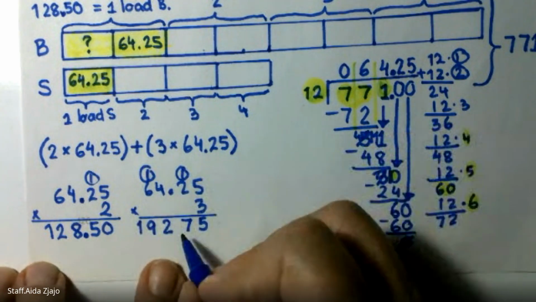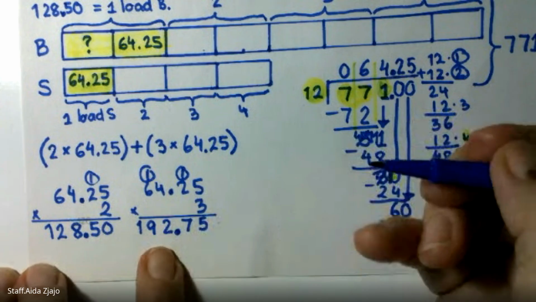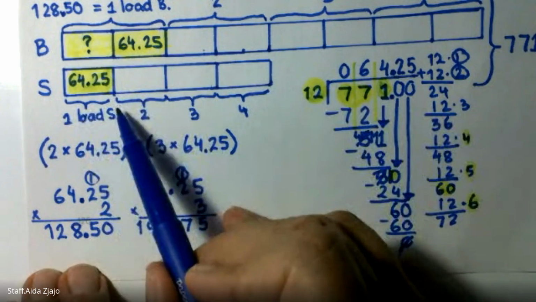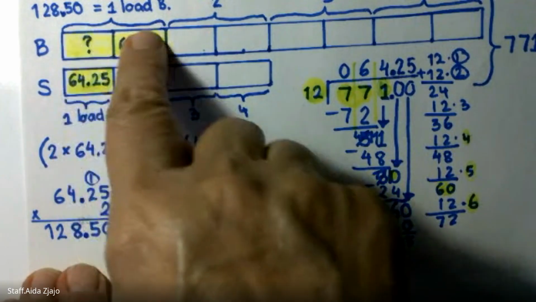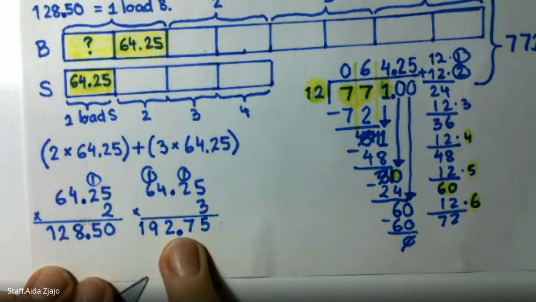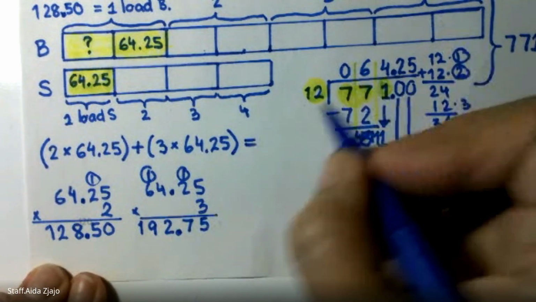So we got hundredths here, so it's going to be in hundredths. 192.75 is 3 loads. 1, 2, 3. So these 3 loads and this one load, we need now to add together. And that is the total that we need to find.